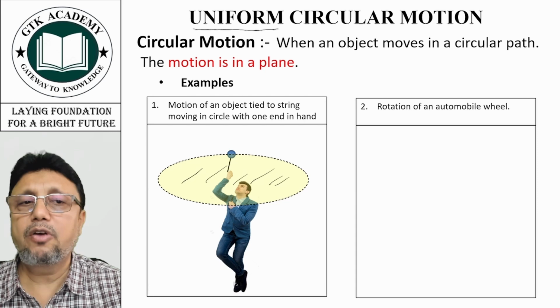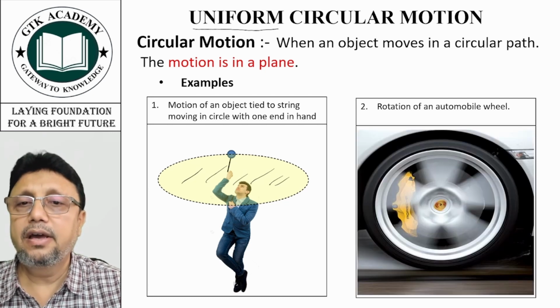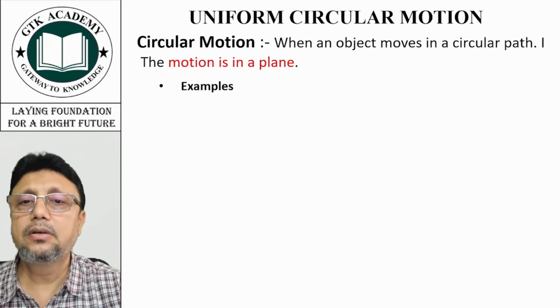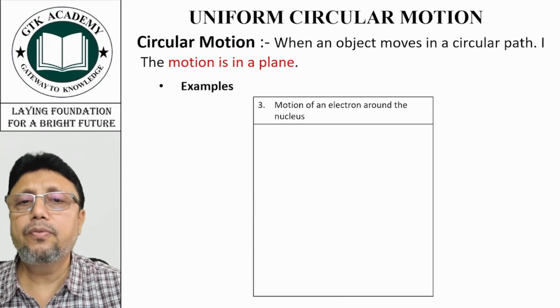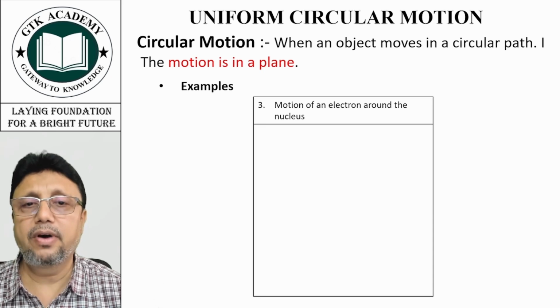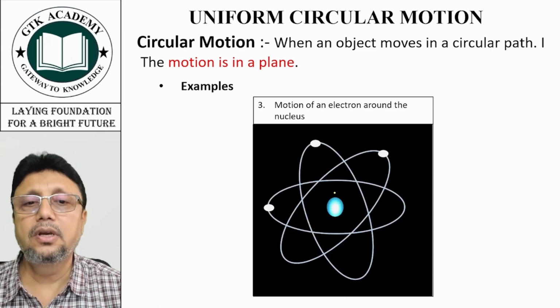Another example is rotation of an automobile wheel, which all of you must have seen. Here each and every particle of the wheel moves in a circle. This is again another example of circular motion. Or even you would have read in your books earlier that electrons revolve around the nucleus in circular orbits.